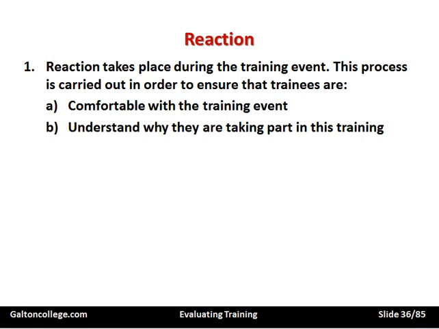Like, for example, you may not use the words learning outcome, but you may say the purpose of this program is to achieve the following. So it's softer, and the attendees are more at ease about attending and understanding why they're there.